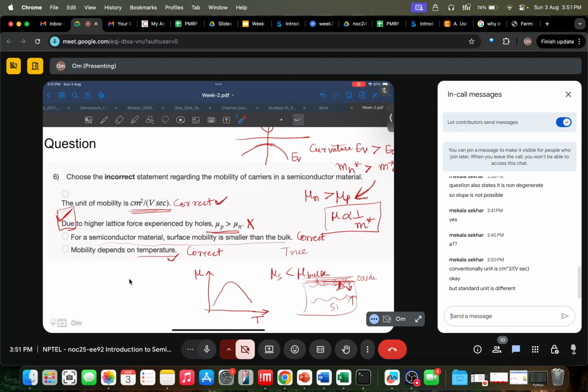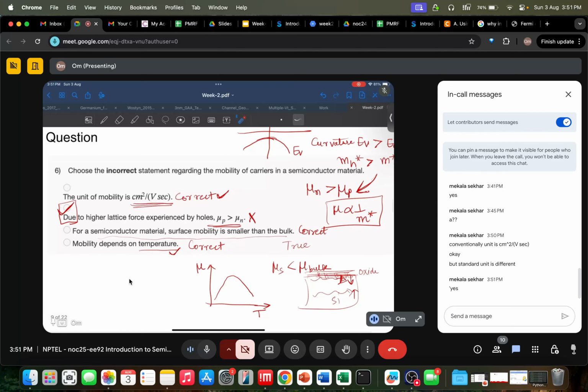Why is this one incorrect and why are these correct?